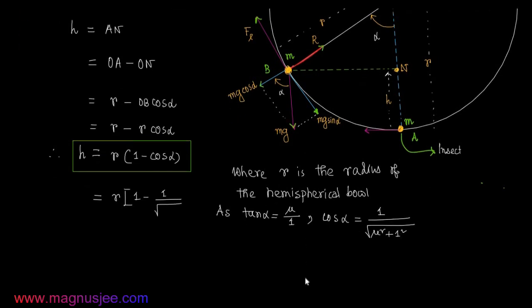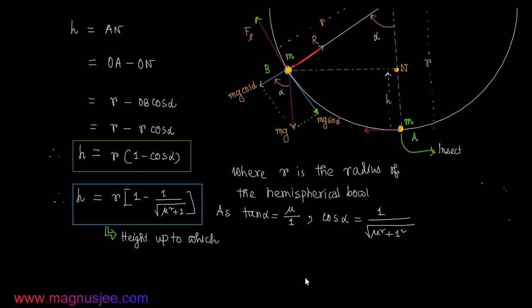So finally we get the expression of the height raised by the insect: h equals r times (1 minus 1 divided by root over mu square plus 1). h is the height up to which the insect can crawl along the hemispherical bowl.